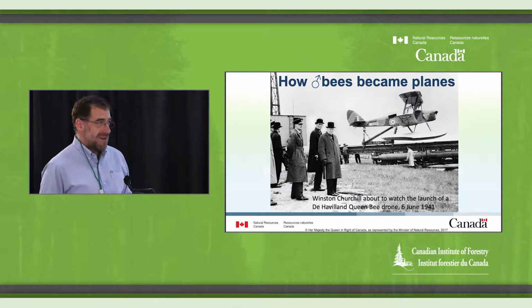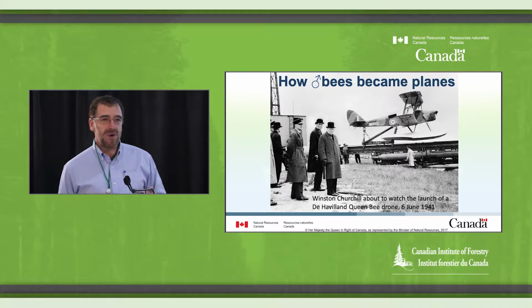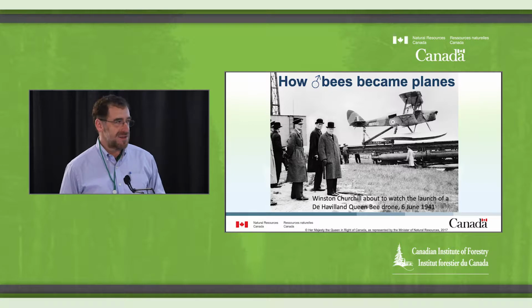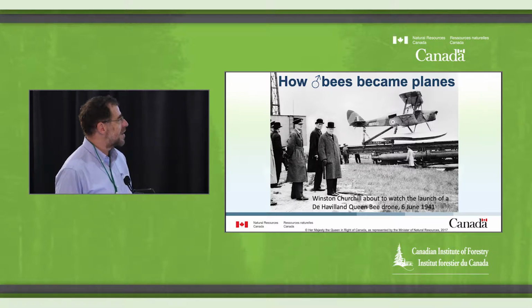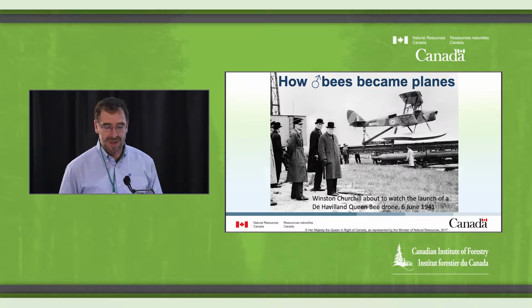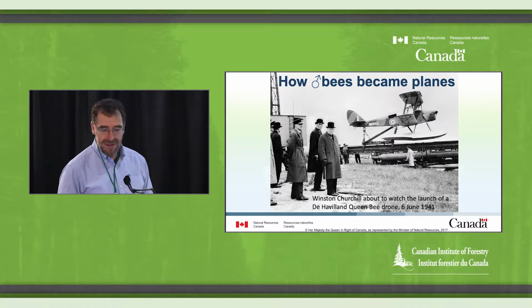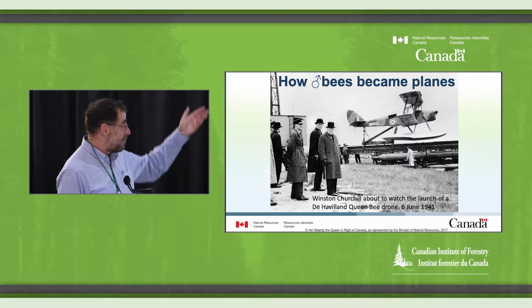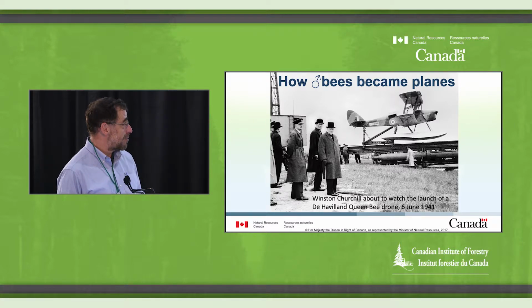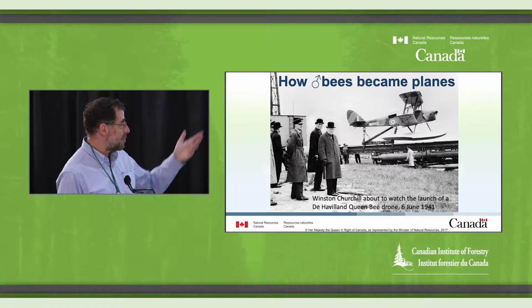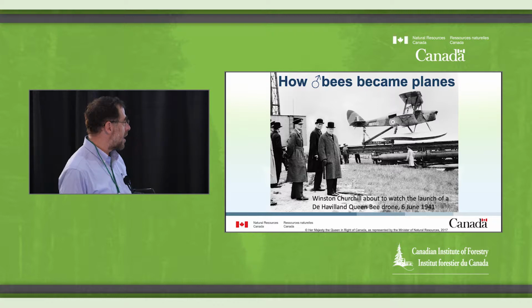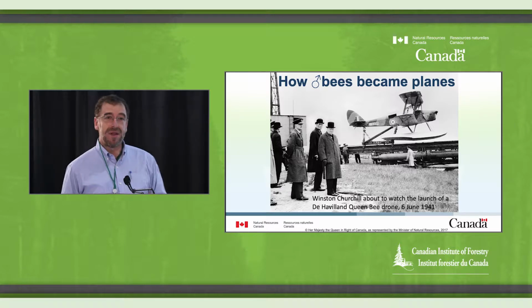Just out of curiosity, why do we call these unmanned aircraft drones? Apparently the British Navy had these pilotless planes. This model was called the de Havilland Queen Bee, and they were used as target planes.